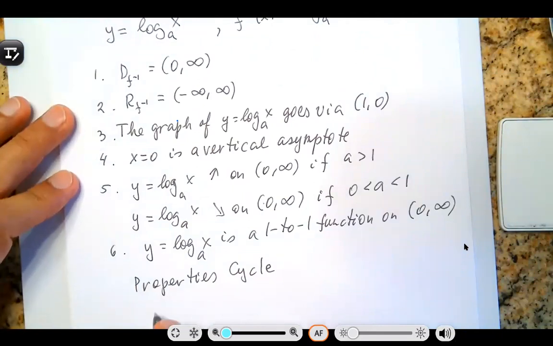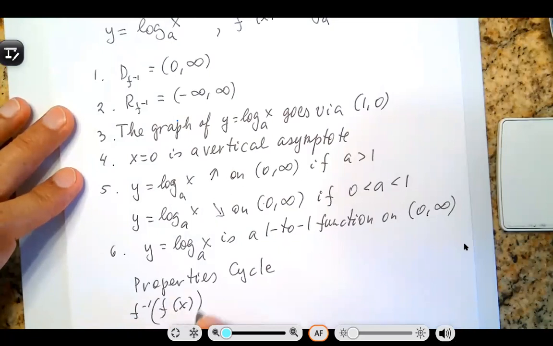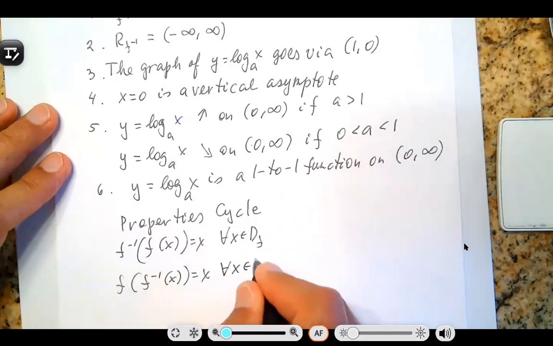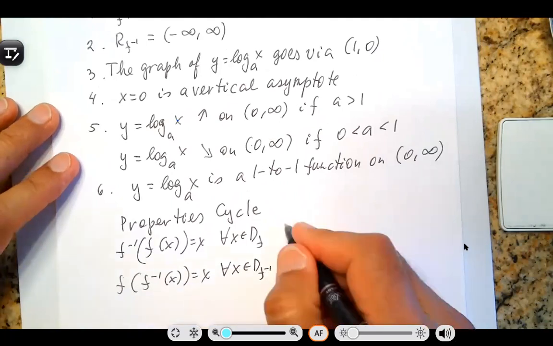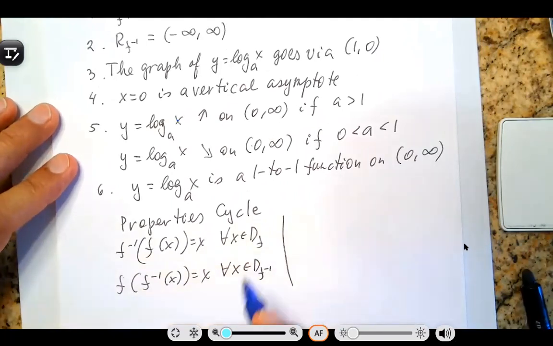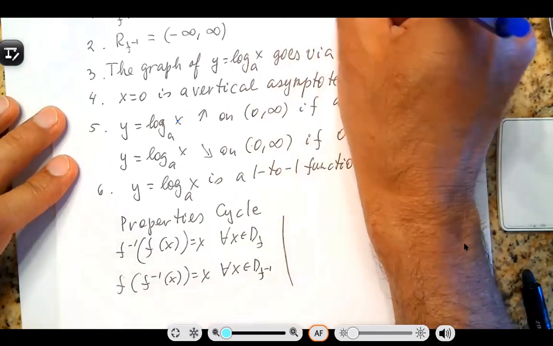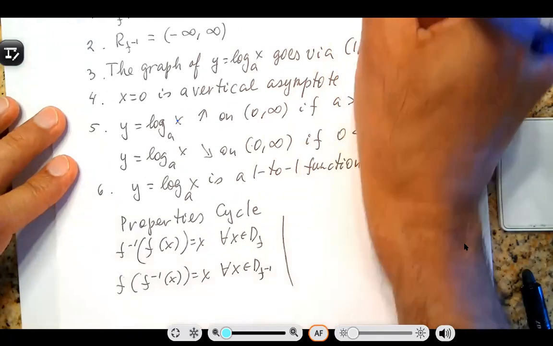So what was it first? The inverse of f of x was x for any x from the domain of f. Second one, f of the inverse of f of x was x for any x from the domain of the inverse. Let's write those down. My function is f of x equals a to the power of x.